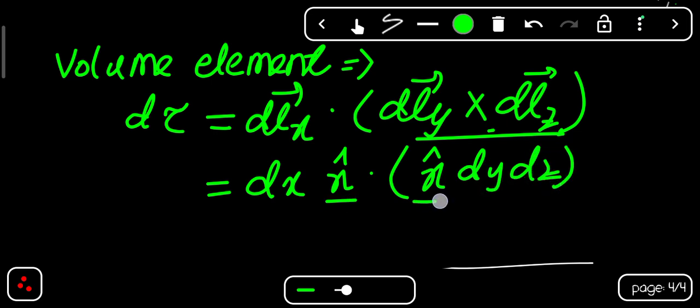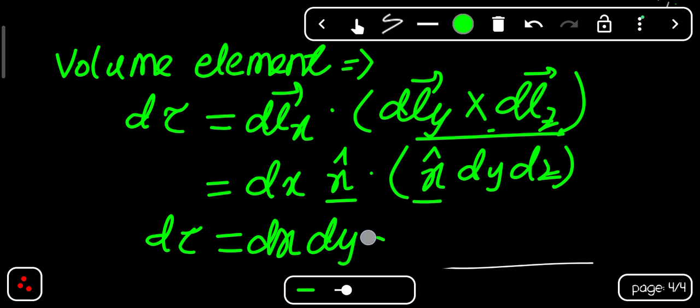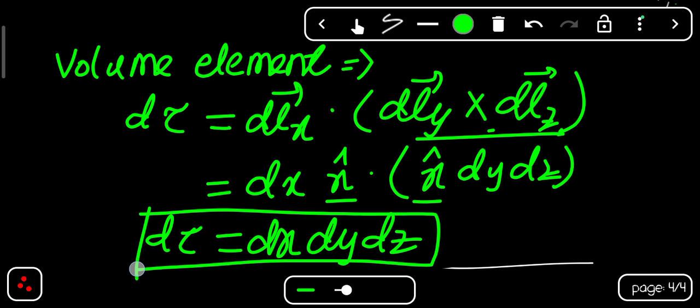So x cap dot x cap will give you 1, and the value of the volume element will be d tau equals dx into dy into dz. This is the basic concept of length element, surface element and volume element of the Cartesian coordinate system. I hope you understand this concept.